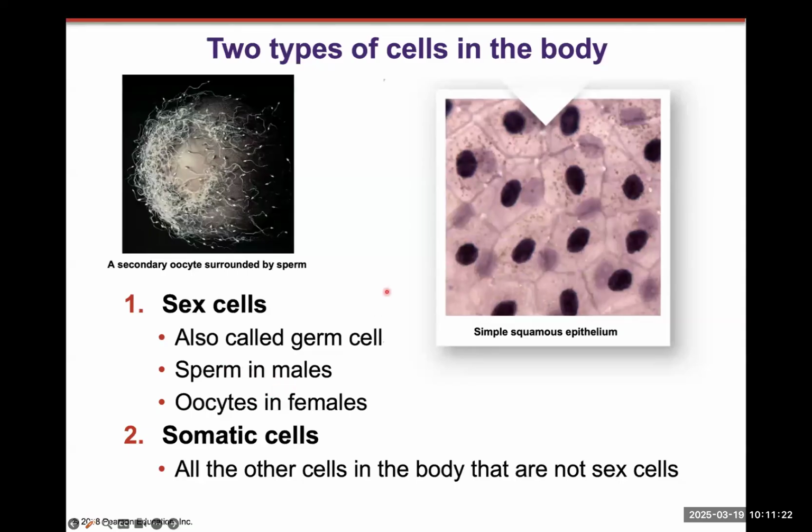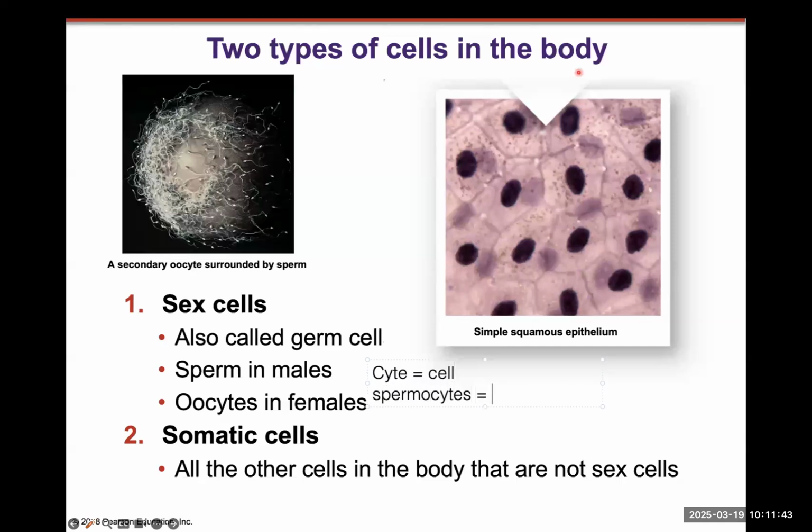I don't know if I did this before, but let me type it for you. Cyte means cell. So spermatocytes are going to be sperm cells.